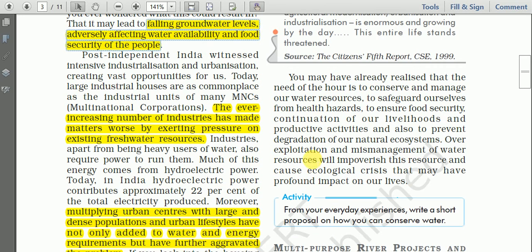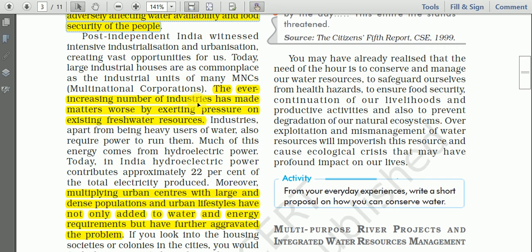Then actually the same point is repeated here. The ever increasing number of industries has made matters worse by exerting pressure on existing fresh water. As we learned earlier, industries use a lot of fresh water for cooling purposes, and if the number of industries increases, then again there will be pressure on the fresh water.